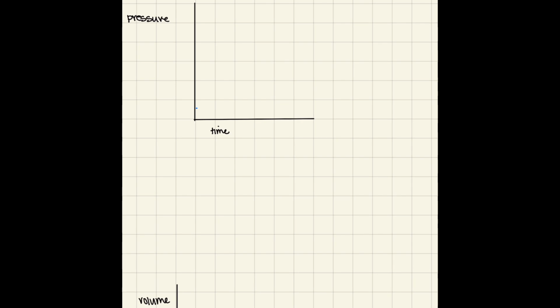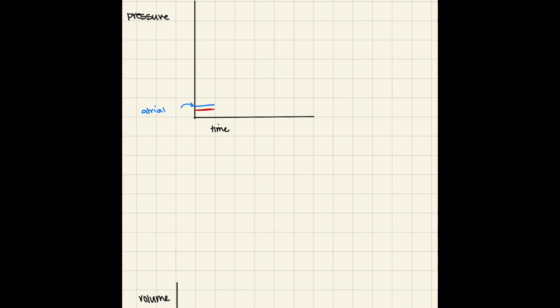So if we start with atrial pressure and ventricular pressure right here, if atrial pressure is blue and ventricular pressure is red, atrial pressure starts above ventricular pressure. Sorry, oh my gosh, I'm gonna lose it. This is atrial pressure. This is ventricular pressure.